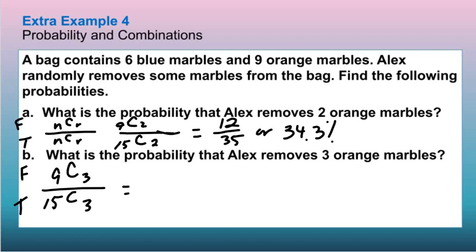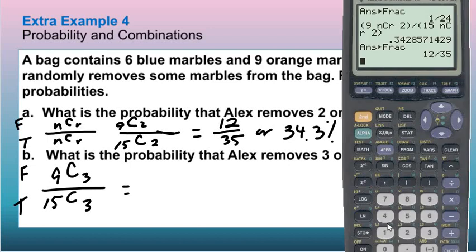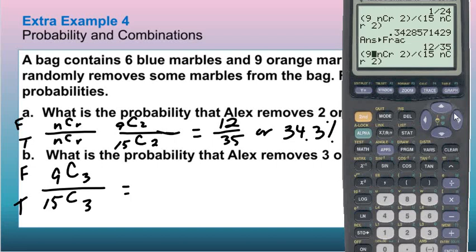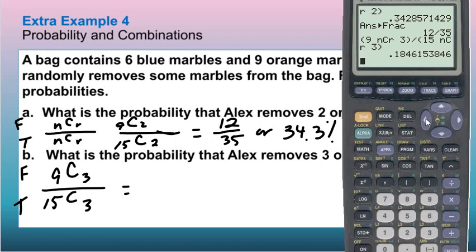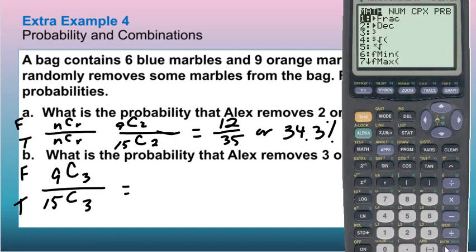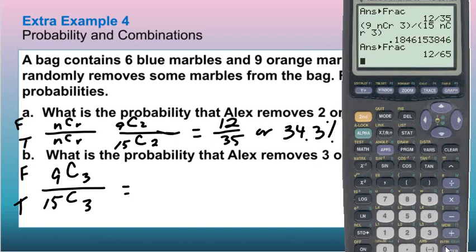So if I do the probability of that, we do second enter, change our numbers from a 2 to a 3. Then hit math. So that'll be 12 out of 65. Or if you put it as a percent, that would be 18.5%.